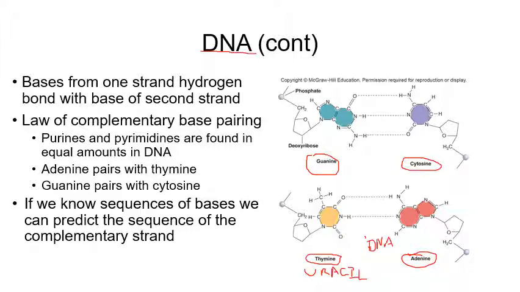So if you have, say, 50% of the strand as guanine, 50% of the other strand should be cytosine, because these always are complementary with one another. And that gives us the code.